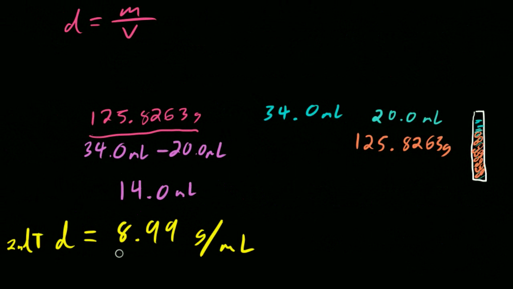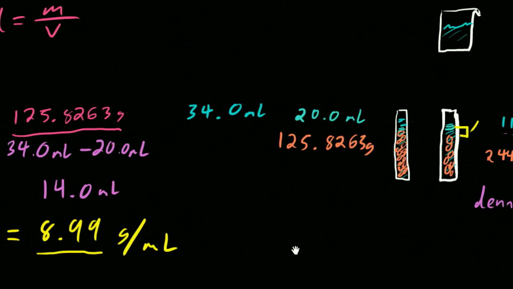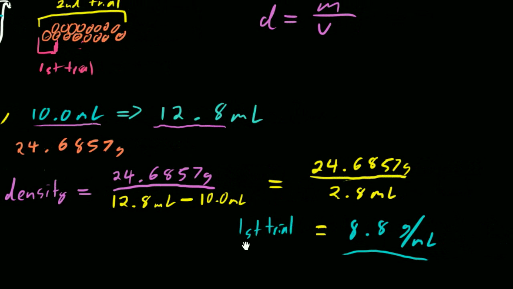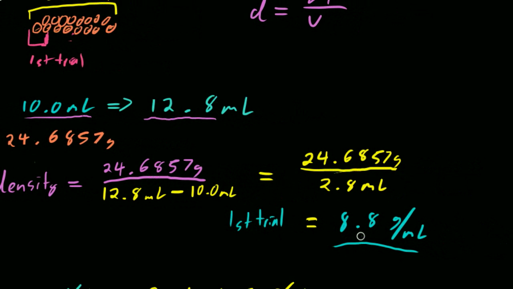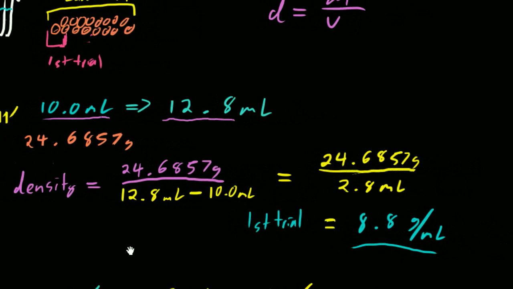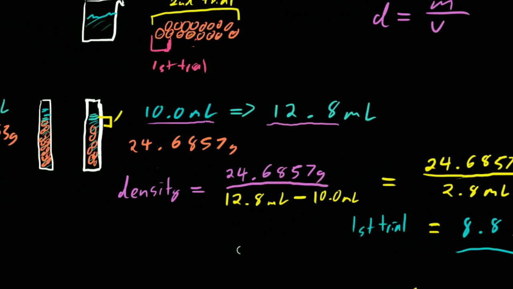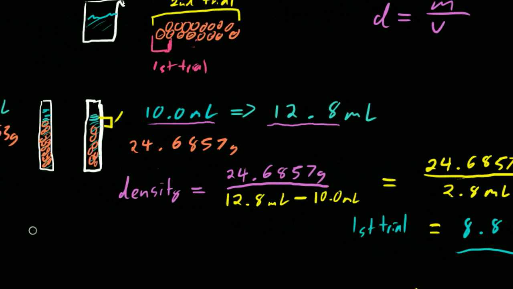So if we say that we have 8.99 grams per milliliter, and then we also have 8.8 grams per milliliter, let's just figure out what the average of those two would be. So we have 8.99, and then add that to 8.8, and we're taking the average, so we're going to divide by 2. Hopefully I'm not confusing you.